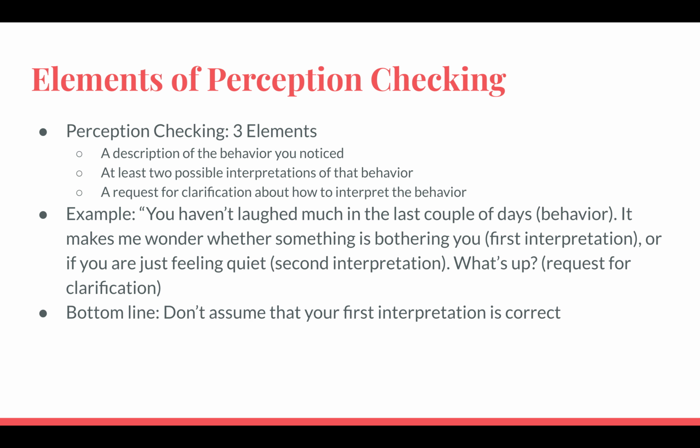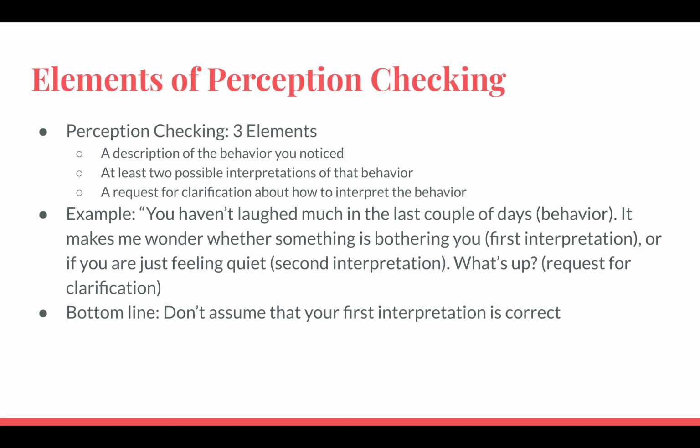Now, part of the reason that we offer a couple of different interpretations is because, number one, we don't want to assume that our first one is correct. Again, as we talked about in the last short lecture, we oftentimes engage in something known as attribution bias. With attribution bias, we're attributing motives to other people's behavior, and oftentimes these motives just aren't correct.